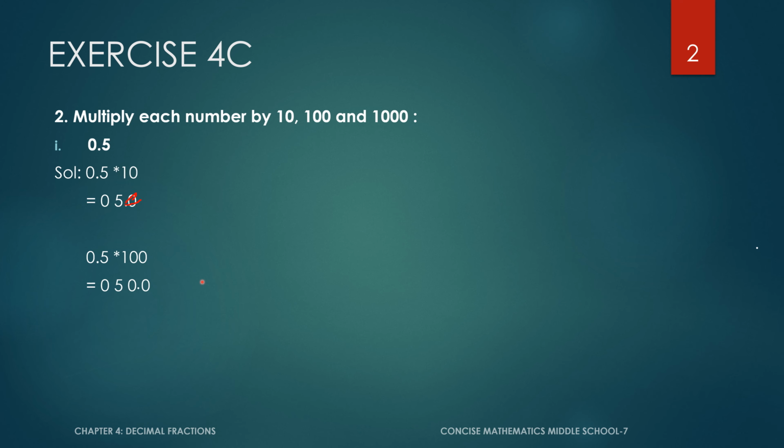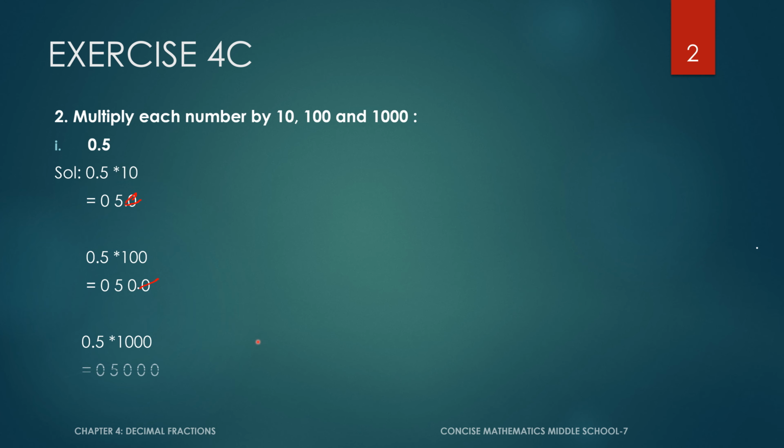You have to move it 2 times the decimal places. Then here you will get the point, and here again after point it is 0. So just strike out it, and what you get is 50 is the answer.